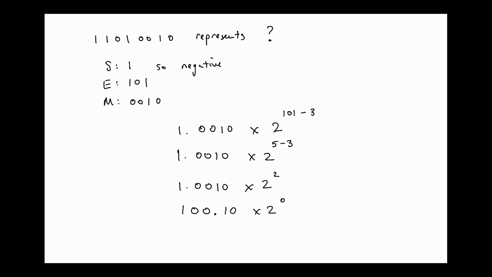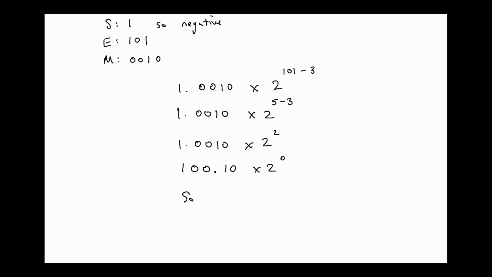So I've got 4.5 because it's in the halves place. Okay. And so what's our number? It's negative 4.5. Okay. Negative because the sign bit was a 1. And then the 4.5 part we just figured out.